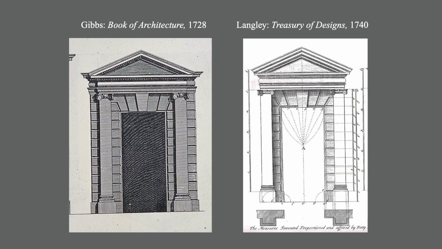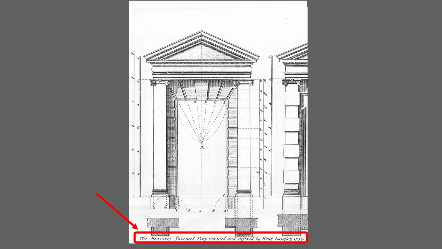We see such copying in Langley's Ionic doorway, looking suspiciously like a design by James Gibbs, published in his Book of Architecture. And Langley audaciously labeled his illustration, "The measures invented, proportioned, and affixed by Batty Langley, 1739."